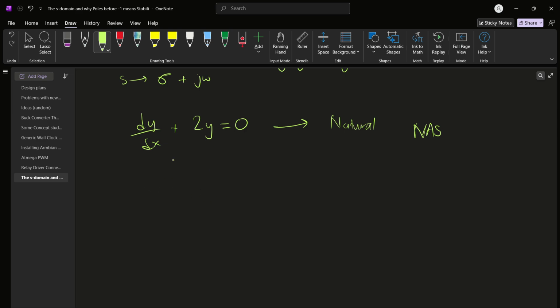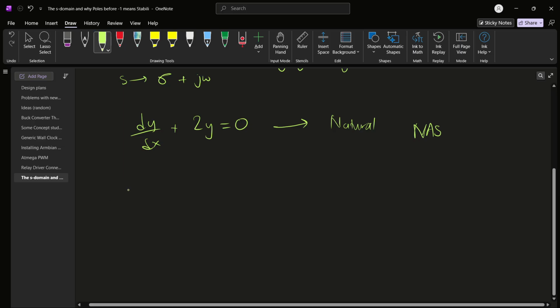Now the problem here is that for this thing to become 0, many things were tried for y. For example, they tried a straight line, they tried 2t, then t raised to 2, t square, and none of them really gave 0.